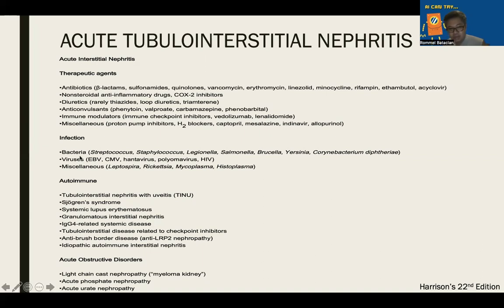So bacterial infection, viruses, and leptospirosis. Very significant in our setting. Autoimmune diseases, and particularly SLE, yung tubular interstitial nephritis with uveitis. So those are very significant causes. And some acute obstructive disorders.